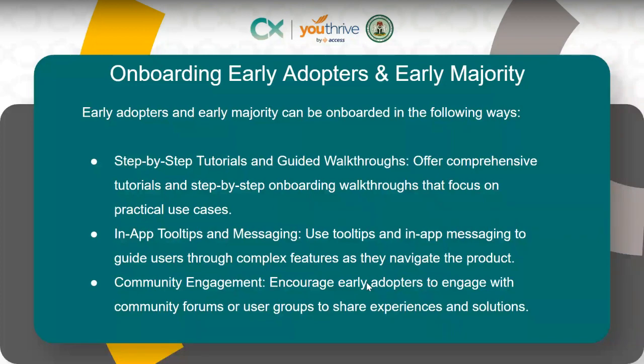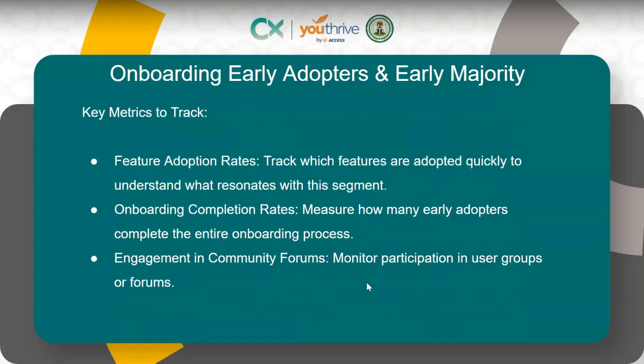Tooltips are a very helpful feature, especially when you are trying to engage early adopters. You're looking at community engagement as well. I already talked about that. The key metric you're looking at to measure is feature adoption rates. Track which features are adopted quickly to understand which resonates with their segment.